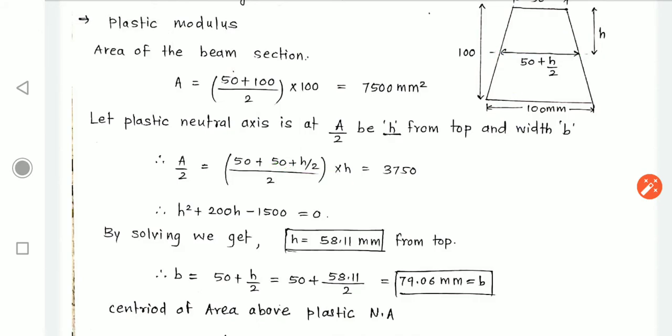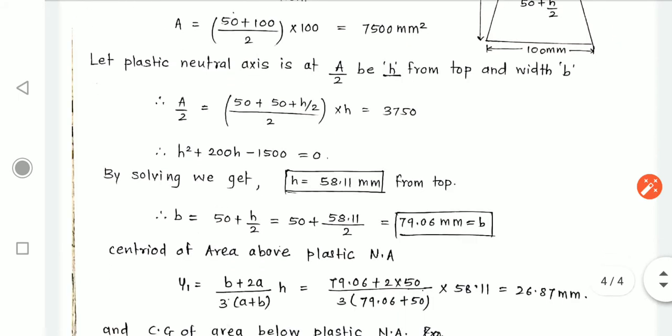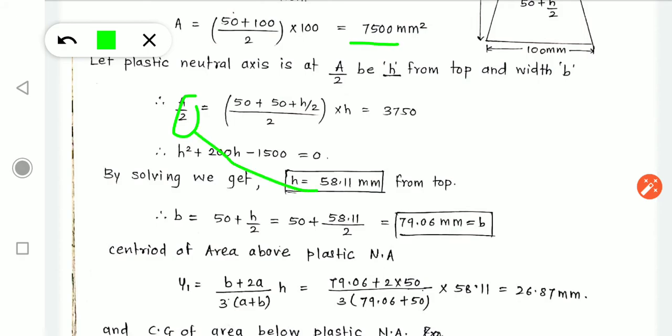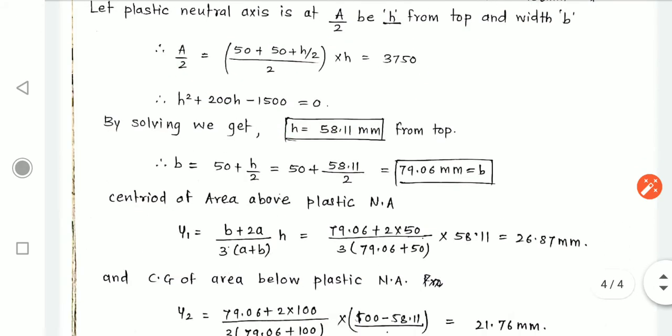I wrote A by 2, which I calculated in the previous step, and half of it is 3750. I equate this and calculate the h distance.